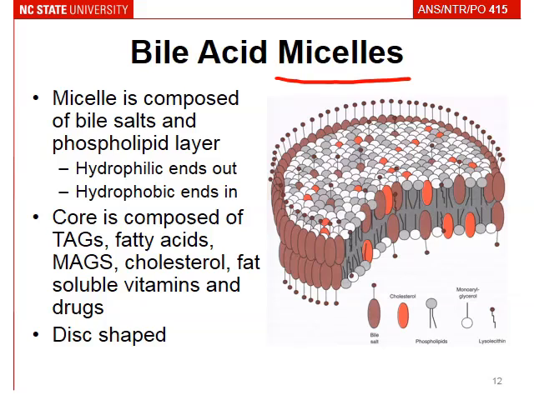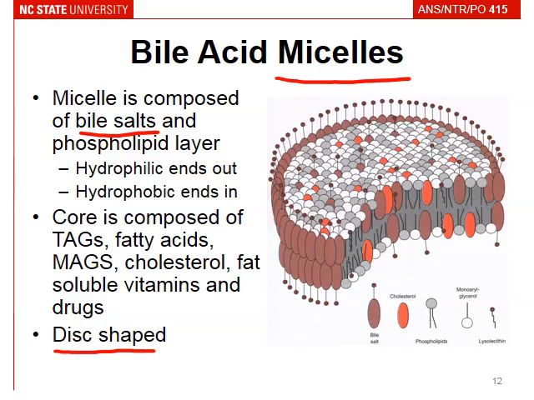And a micelle is composed of the bile salts or acids and a phospholipid layer. So with our phospholipids, our hydrophilic ends are out, which is our phosphate group. Our hydrophobic ends are in, and basically that forms this disc shape here.